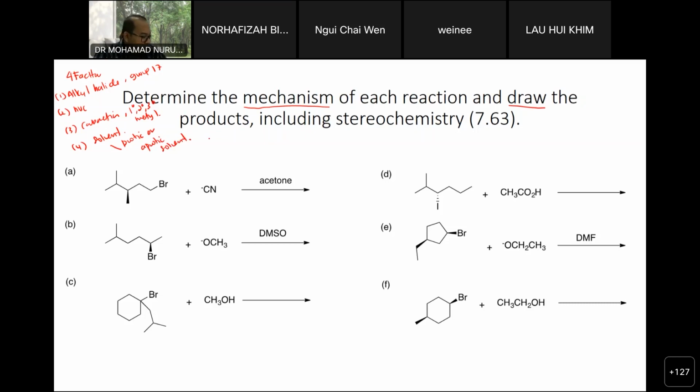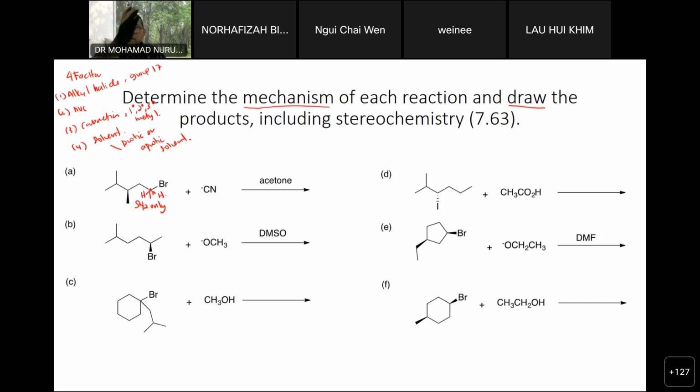For the first one, this is the primary alkyl halide. Primary alkyl halide only favors SN2 reactions, SN2 only. And we have acetone here, so we just do the normal one because this is not a chiral center.